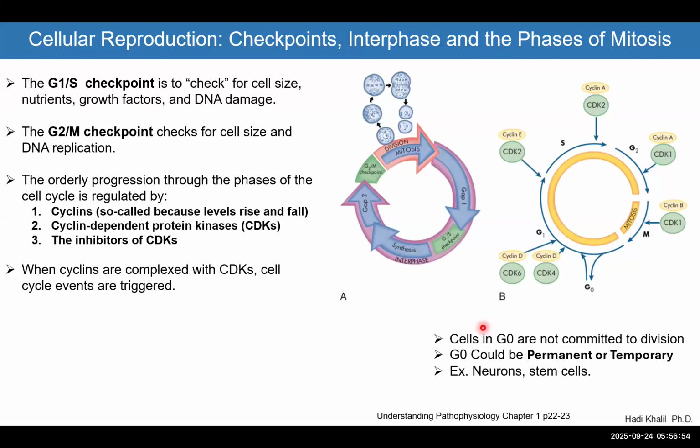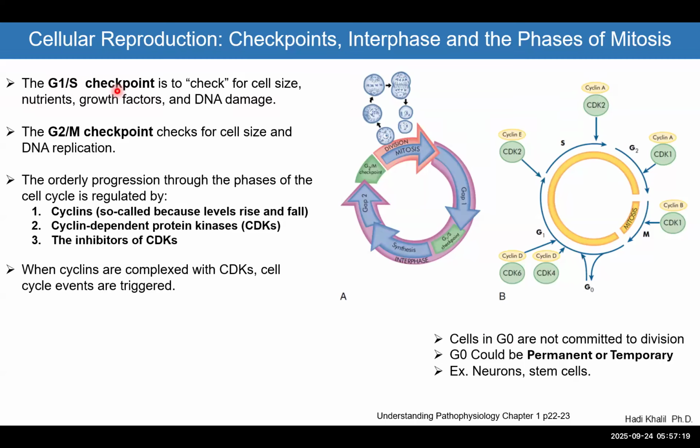Now, how do the cells regulate the cellular reproduction, and how do checkpoints work? And what happens if something goes wrong here? And how would we as researchers and biologists recognize that? So as I said, there are two checkpoints.